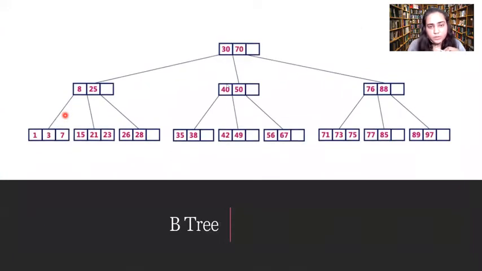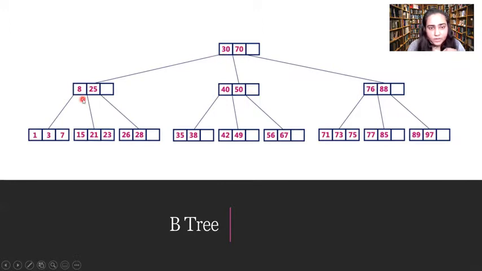So assume that all these are IDs of employees, and they are stored in this manner. Now, if you look at it carefully, you can see that all of them are sorted. And by sorted, I mean on each level they are sorted within the level itself. So this is my first level, or 0th level, where you can see that 30 and 70 are in sorted order.